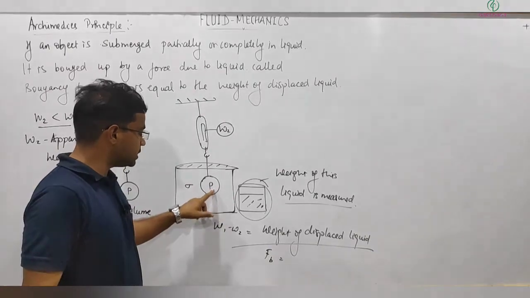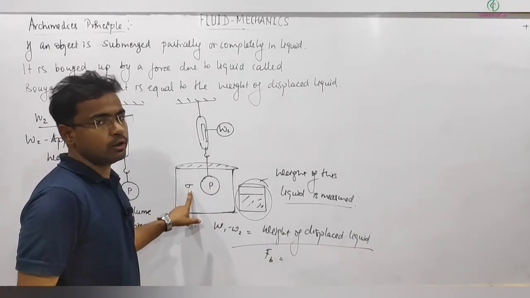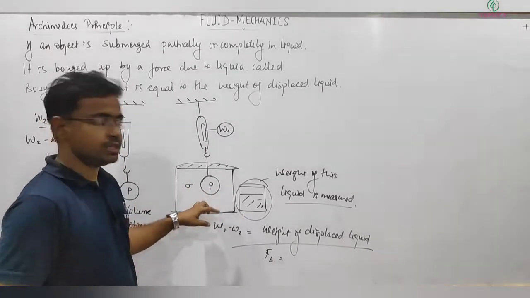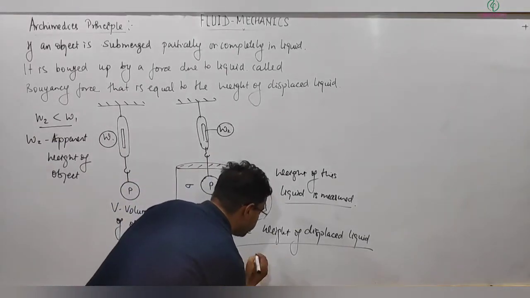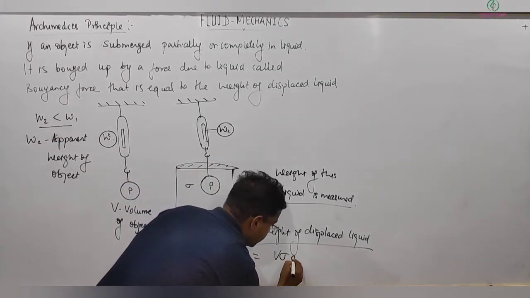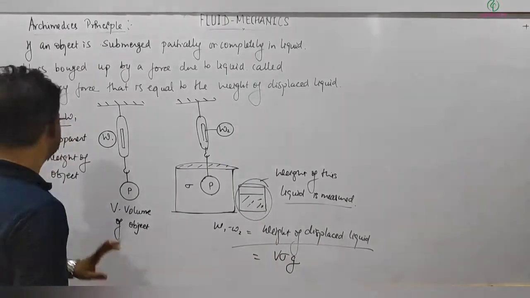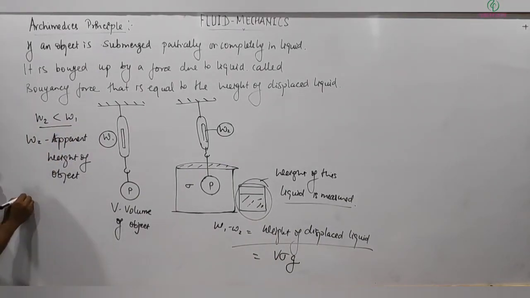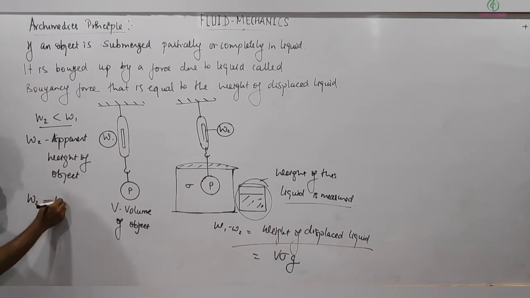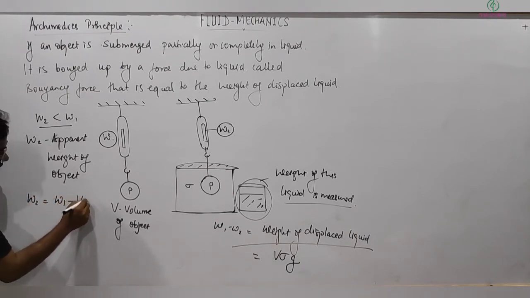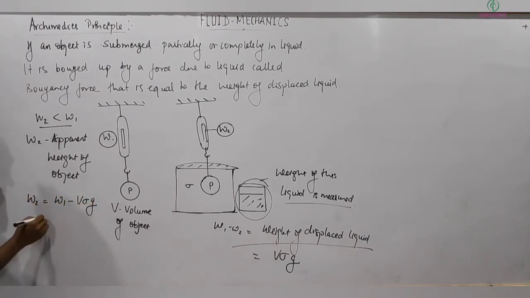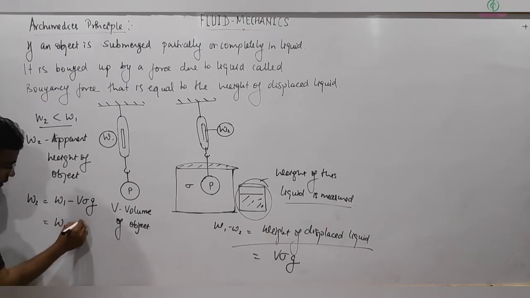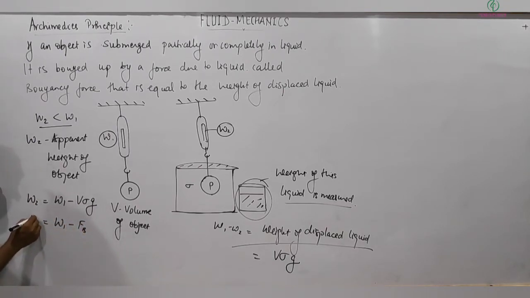Mass of displaced liquid will be volume multiplied by sigma, weight will be multiplied by g. So this will be equal to V sigma g. Clear? So the apparent weight can be written as W2 equals W1 minus V sigma g, or W1 minus F buoyancy force. This is the apparent weight.